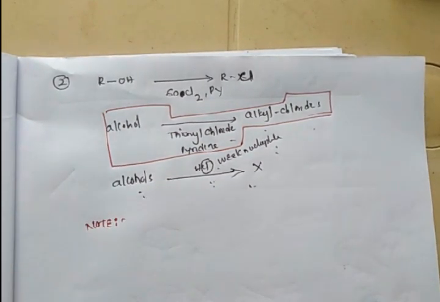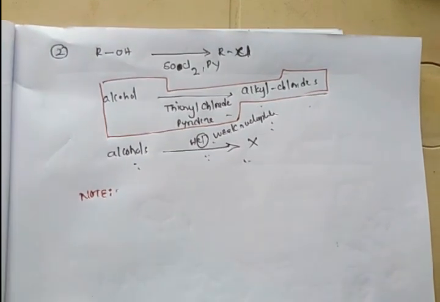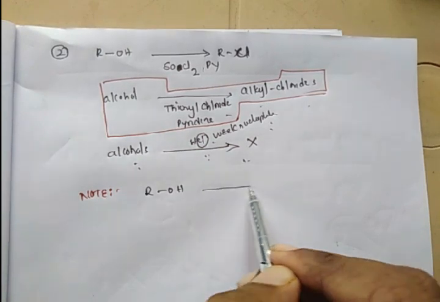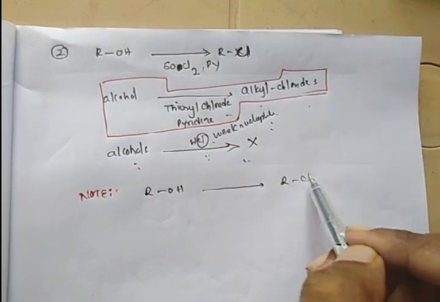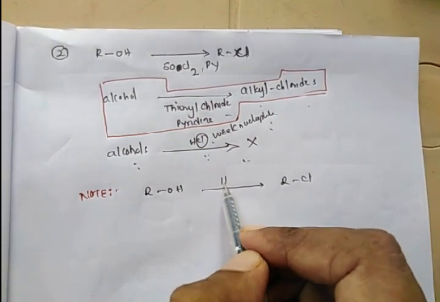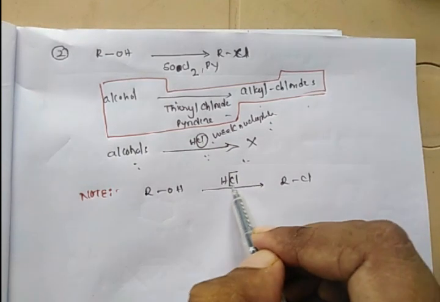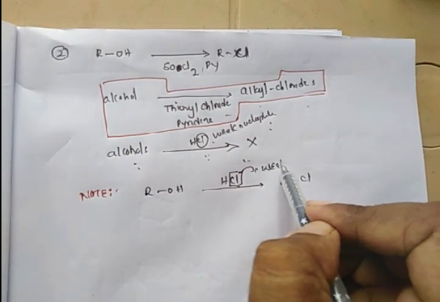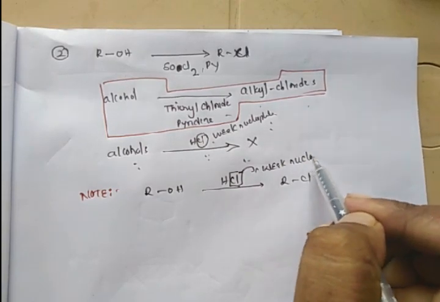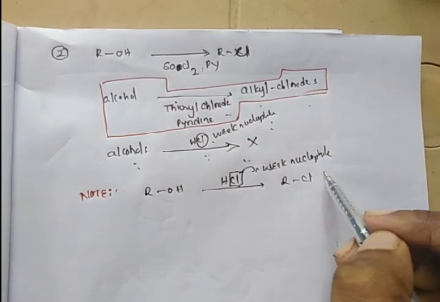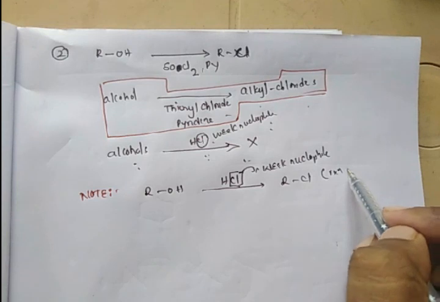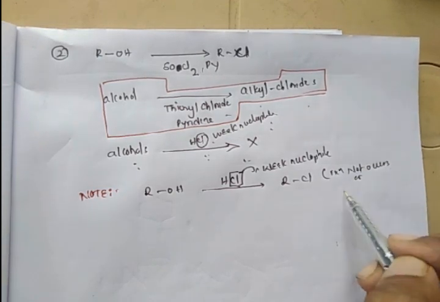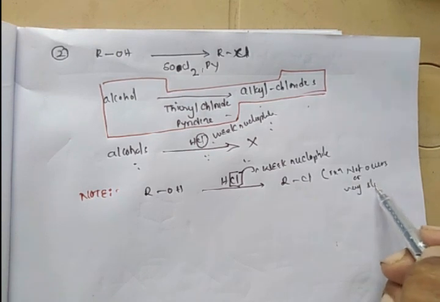To convert alcohols into alkyl chloride, we can use HCl, but as the chlorine in HCl is a weak nucleophile, the reaction does not occur or is very slow.